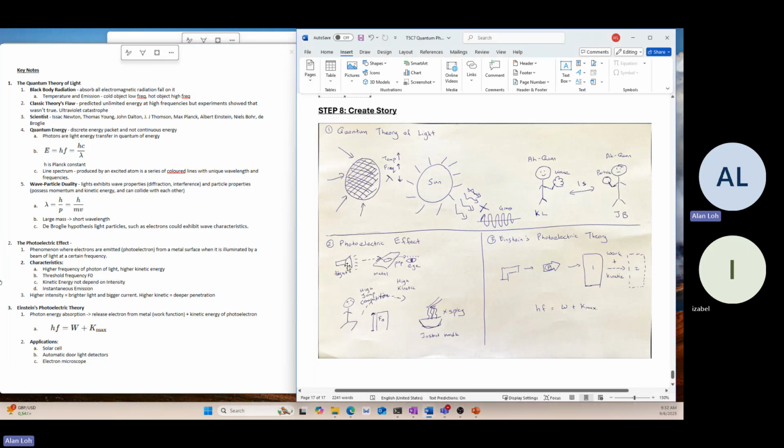Then with this story, do you think that you can explain the photoelectric effect? With this story, do you think that you can explain Einstein's photoelectric theory? You can, right? So now, on a scale of 1 to 10, where 1 is you do not understand and 10 is you understand, how much do you think you are at now?